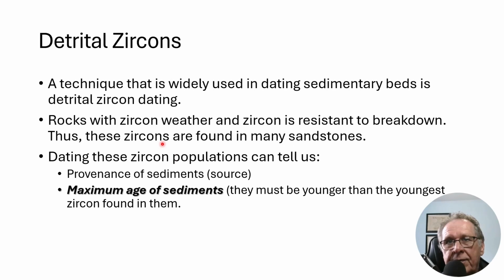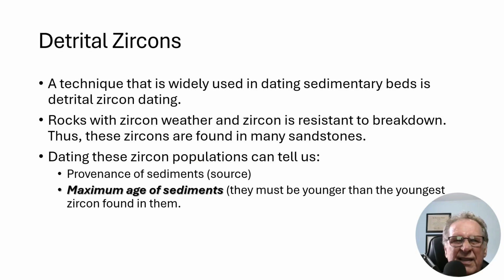Detrital zircons take advantage of the fact that sedimentary rocks typically incorporate zircons from everywhere around them. So what we can do is look at the oldest zircon in the system, and look at the youngest zircon in the system, and we know that the rocks must be younger than the youngest age that we observe.